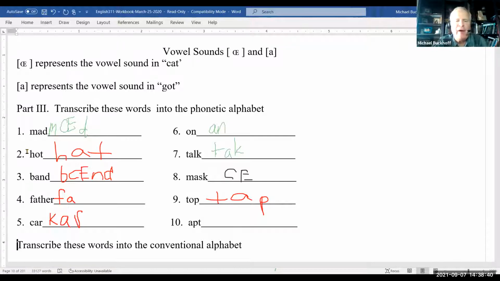When we talk about vowels, can anybody tell me, this is just a question I'm throwing out, what would be a major difference between a vowel and a consonant sound? What do you guys think?